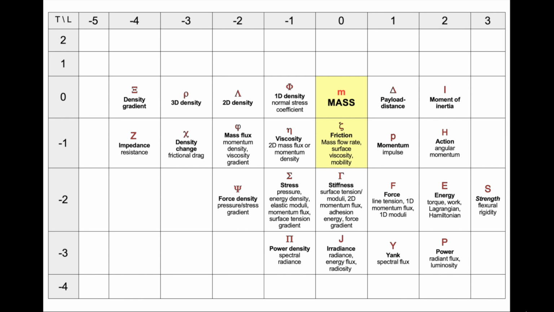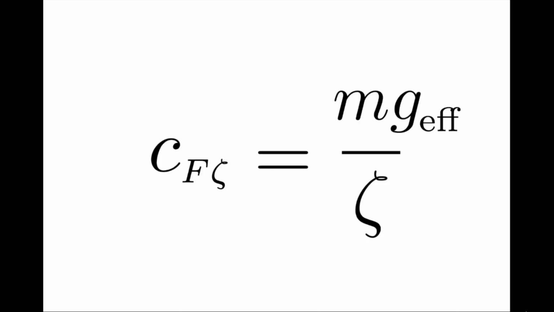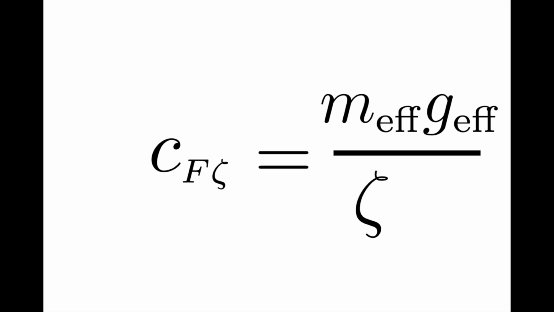For sedimentation or for centrifugation, the driving force can be expressed as a product between a mass and an acceleration. If we wanted to be a bit more precise, we could also include the effect of buoyancy, which produces an effective mass that can be significantly smaller when the density of the object and surrounding medium are similar.